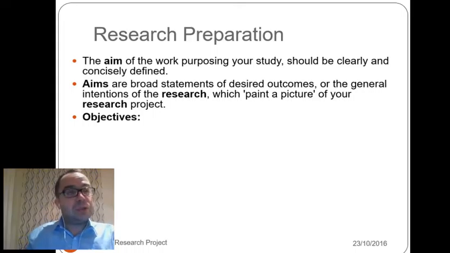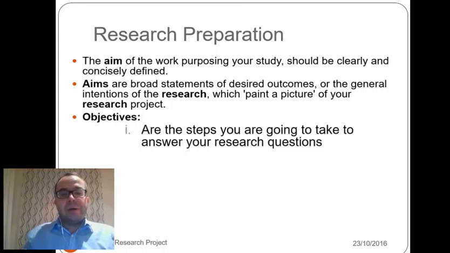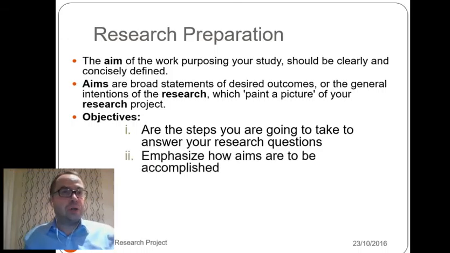The aims should be supported by your research objectives. So these are the means of how you're going to achieve your aim. The objectives will be the steps, an incremental process, step by step, of what you're going to take to answer your research questions.